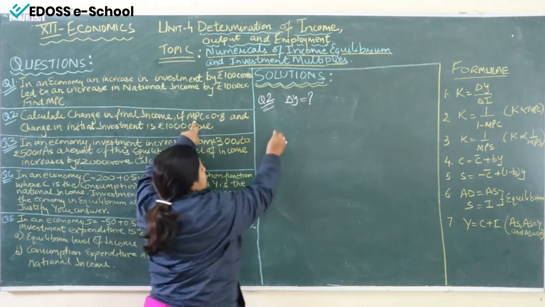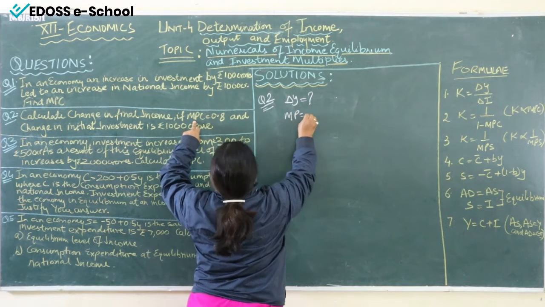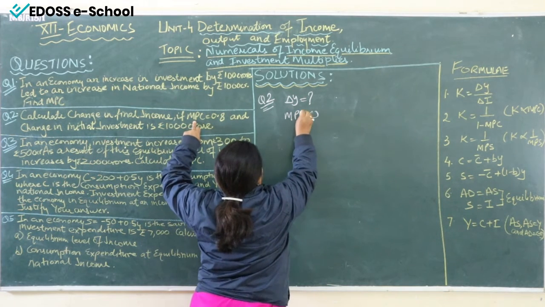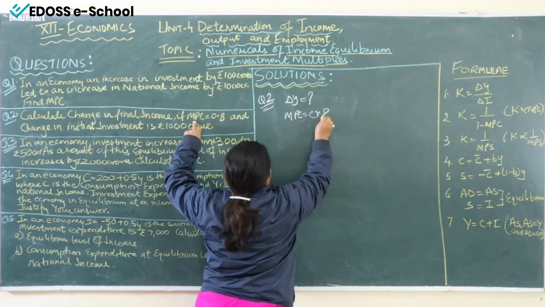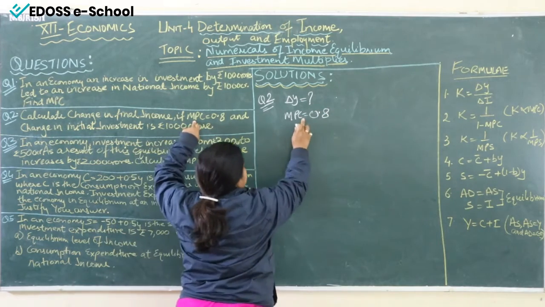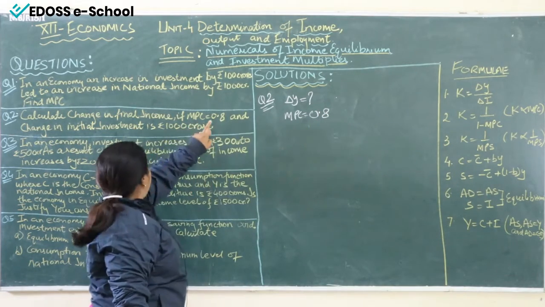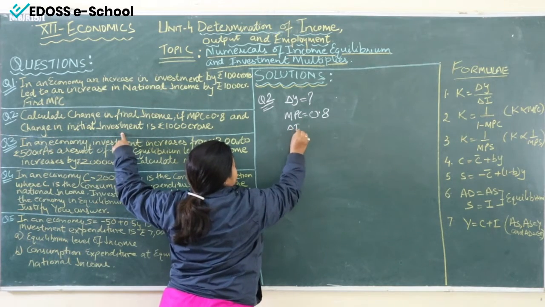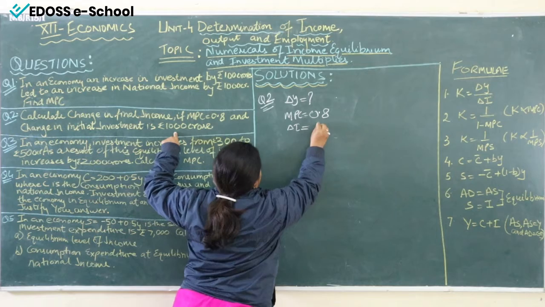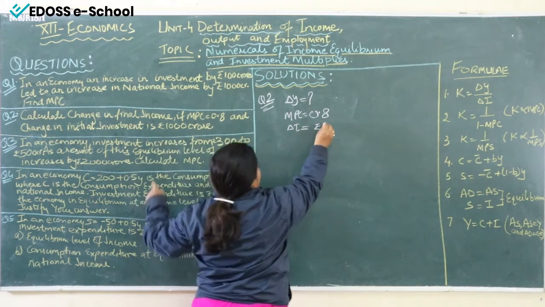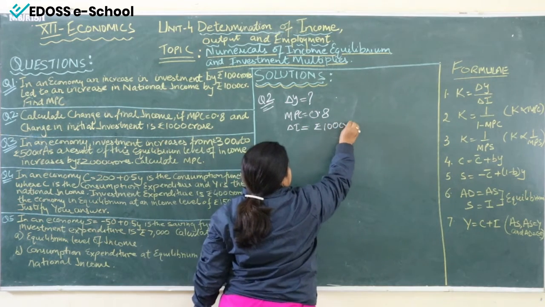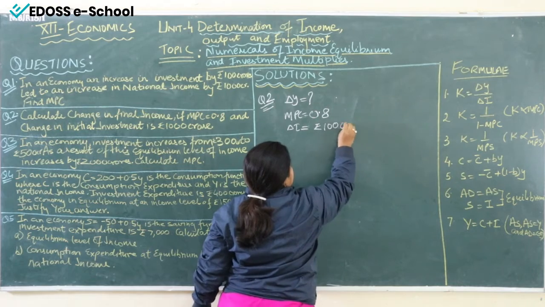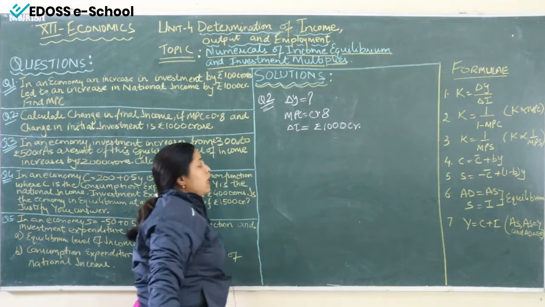If MPC is given to be 0.8 and change in initial investment, delta I, is given to be rupees 1000 crores. These are the three values.